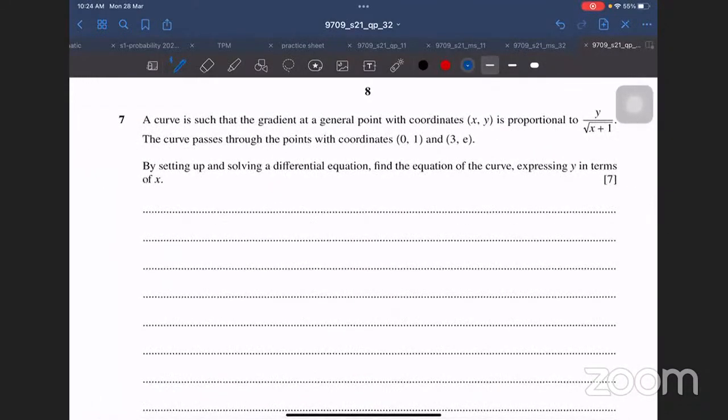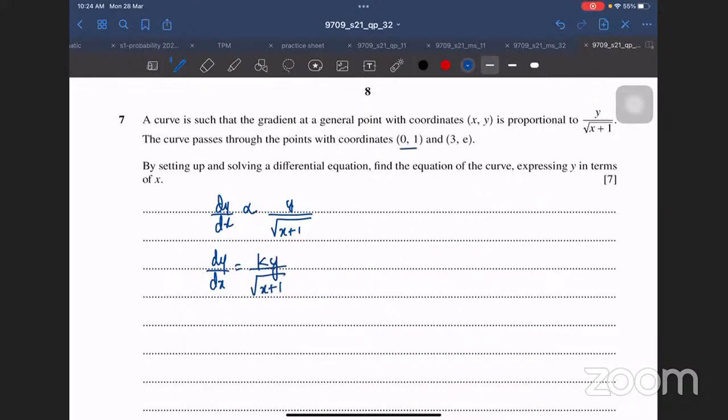A curve is such that the gradient at a general point, so I'm talking about dy by dx, is proportional to y over root of something. If I remove the proportional sign, what do I get? Okay.